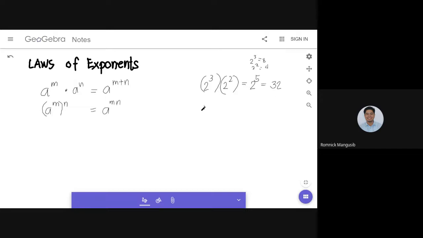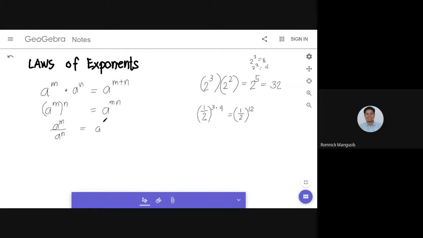That is why, if, for example, you are asked to evaluate 1/2 raised to 3, and then you're going to raise that again to 4, your answer must be 1/2 raised to 12. Next, a raised to m over a raised to n.